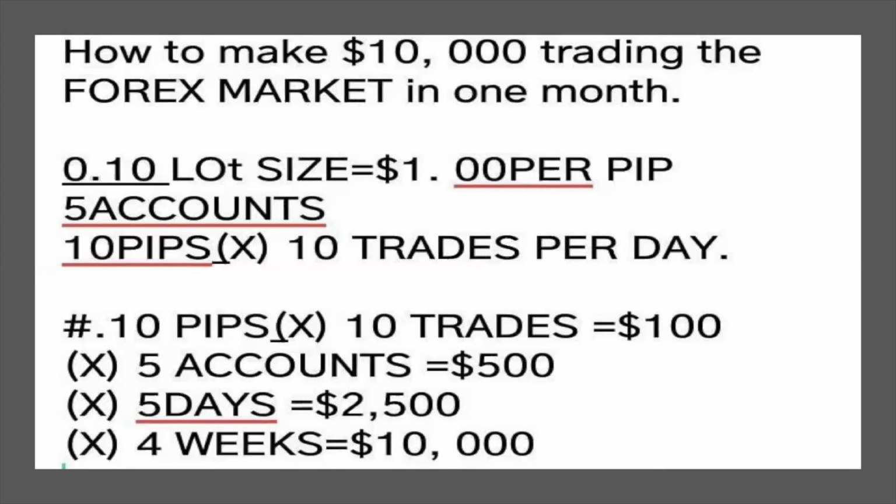So you can have 5 accounts open, which will give you 10 trades per day. So that's $10, which will end up $100. You got 5 accounts open, which will give you $500. In 5 days, that's $2,500. In 4 weeks, that's $10,000.